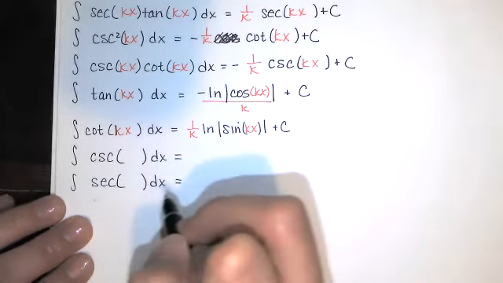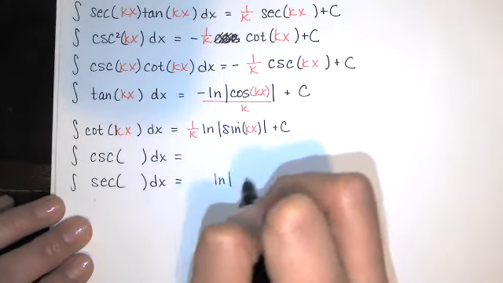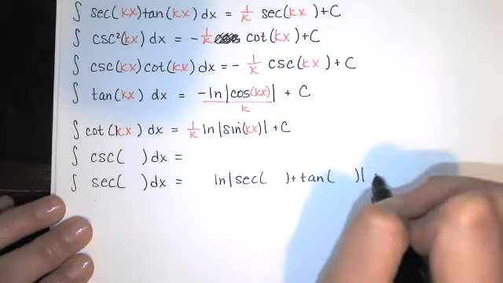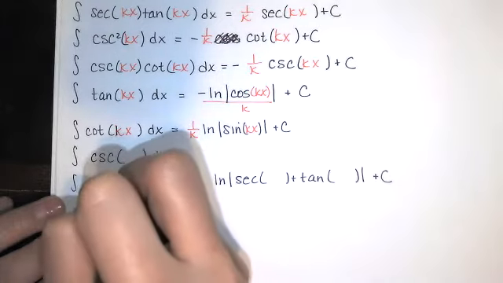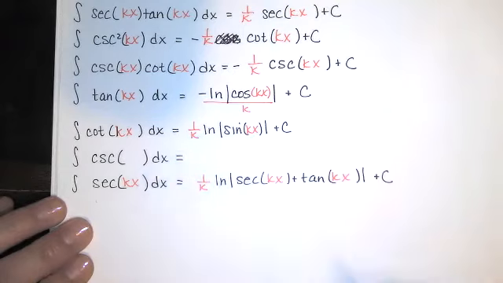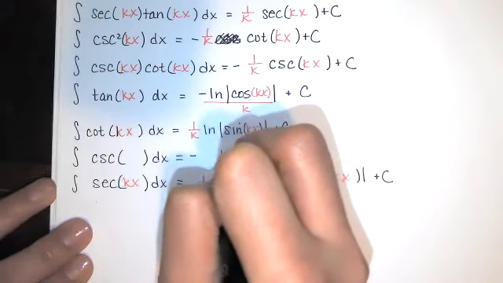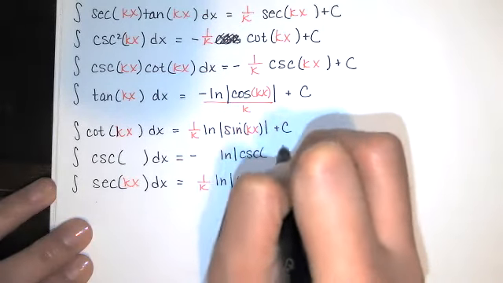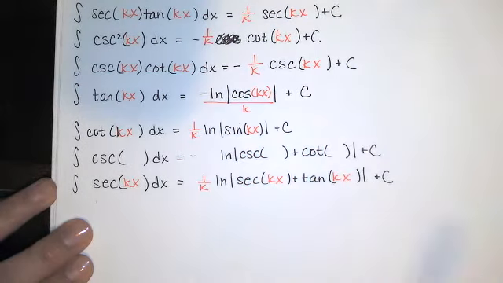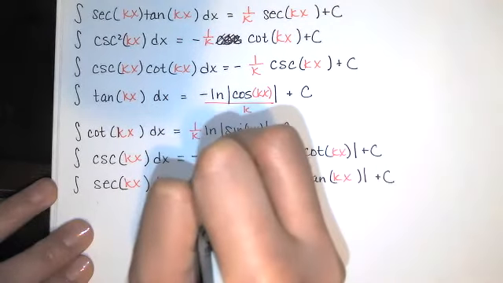When we did that, the antiderivative of secant was natural log of the absolute value of secant plus tangent plus c. So if we replace that x with a kx, it's going to be exactly the same. Just have a 1 over k out front. And then for cosecant, we got a negative natural log of the absolute value of cosecant plus cotangent. We replace the x with a kx. You get a 1 over k.